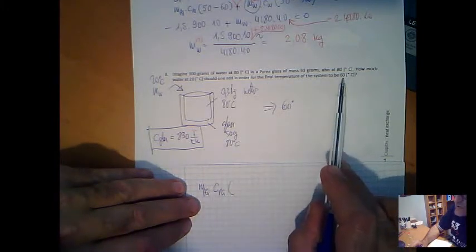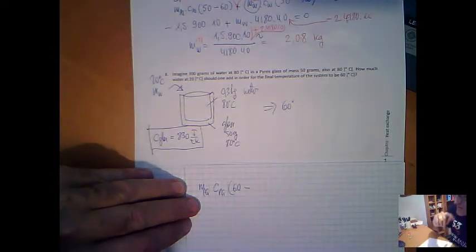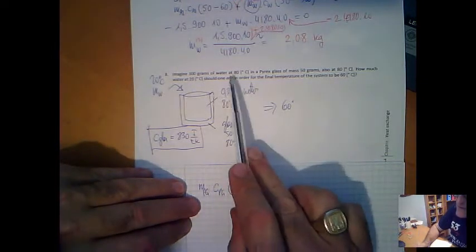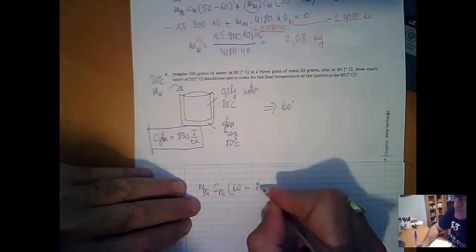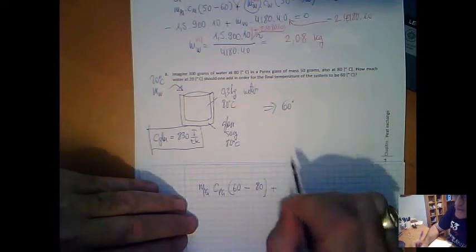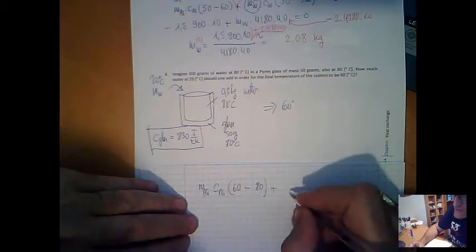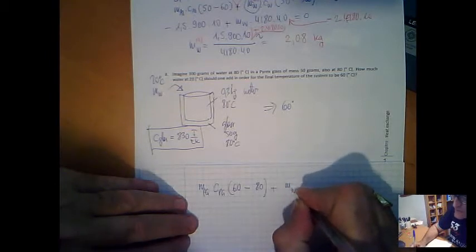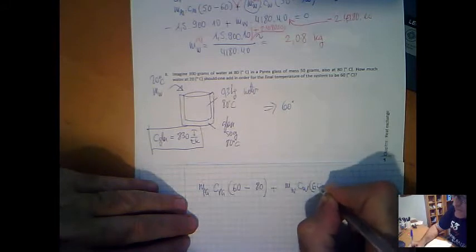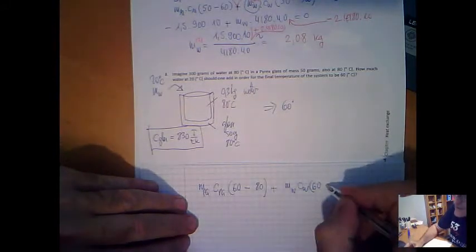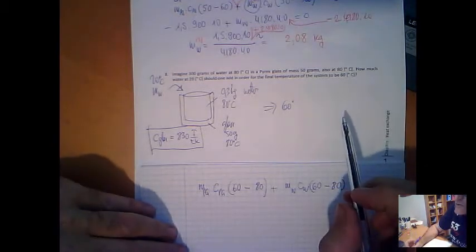We want the final temperature of the system to be 60. So the final temperature should be 60 for everybody, and the initial temperature of the Pyrex glass is 80 degrees. Okay, and then we have the water which is inside this Pyrex glass. So we have the mass of the water times the C of the water. Final temperature should be 60, and this water is also at 80 initial temperature.